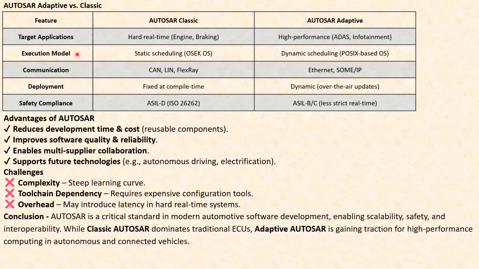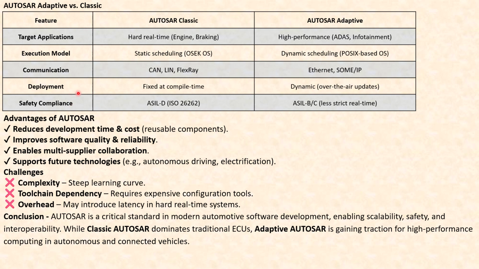Now, it comes to execution model: AUTOSAR Classic, static scheduling, and AUTOSAR Adaptive, dynamic scheduling. When it comes to communication, in AUTOSAR Classic, CAN, LIN and FlexRay, and in AUTOSAR Adaptive, Ethernet and SOME/IP. Please understand CAN, LIN, FlexRay are relatively slower than Ethernet.